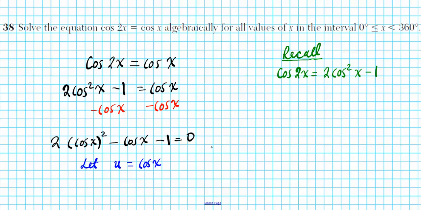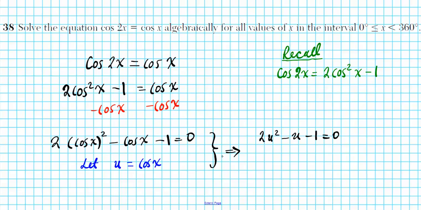Our equation becomes 2u squared minus u minus 1 equals 0. What do you think about this? This looks much better than this monstrosity here with the trig components for the independent variable. So focus on this. Let's get this solved first, and then we go back to the trig portion. Okay, so converting the trig problem into an algebra problem, we'll solve this, and then we'll go back to trig and use our calculators to finish it off.